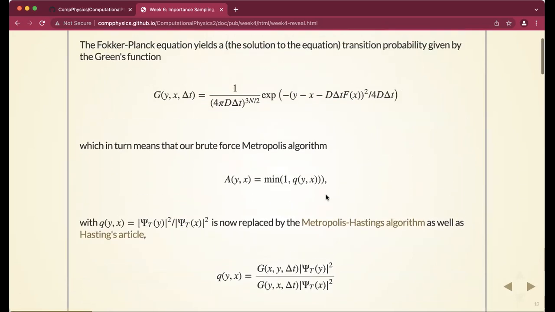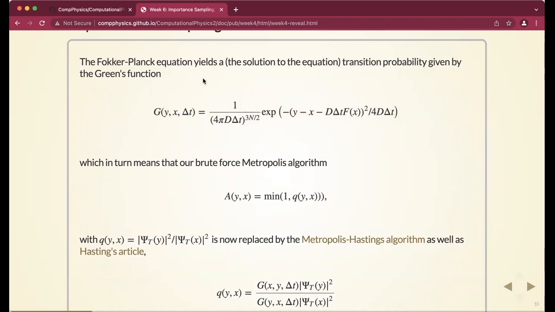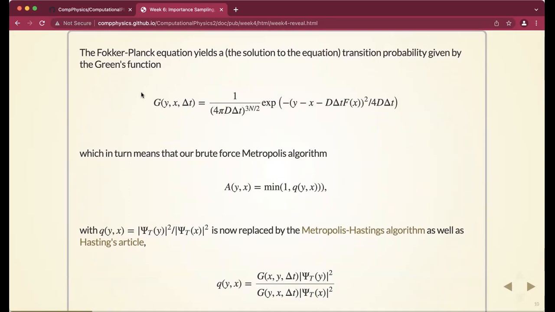So we can solve this equation when we take the Fokker-Planck equation, and I'm not going to go through all the details. This is normally called a Green's function, if you're familiar with that. And this is the equation which we get. So we are going to have a modified object.